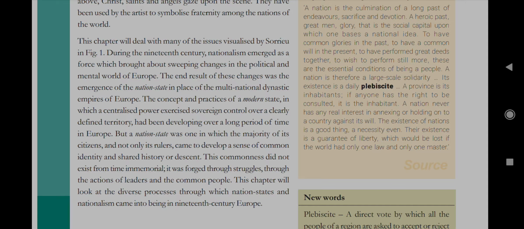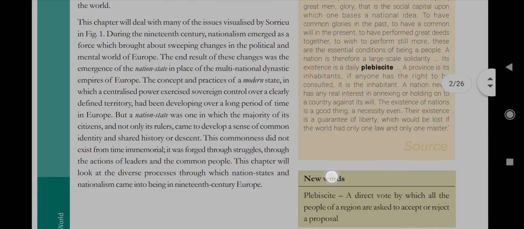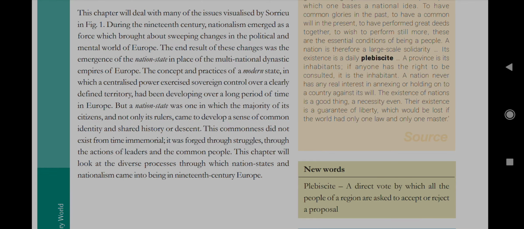It will also tell how nationalism emerged and how it brought about revolution in many parts of Europe, and how the end results, that is the nation states, were put into place instead of the multinational dynastic empires of Europe. So let me tell you what nation states are basically.